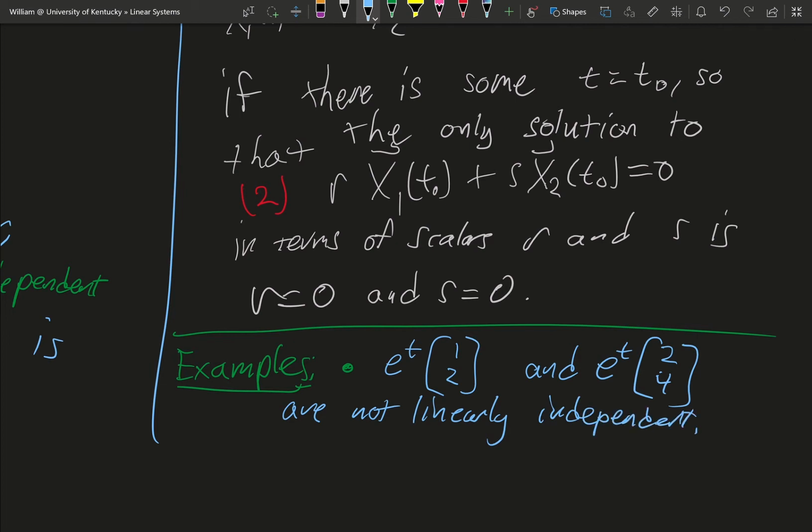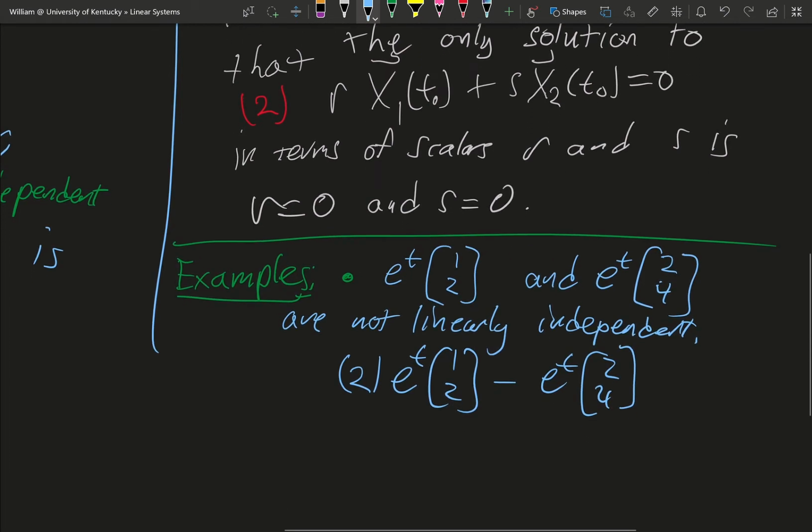Because if I do 2 times the first one minus the second one, I'm going to get 0. So that one's pretty straightforward.